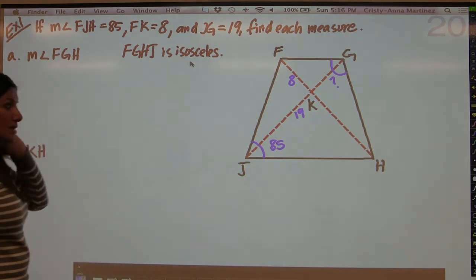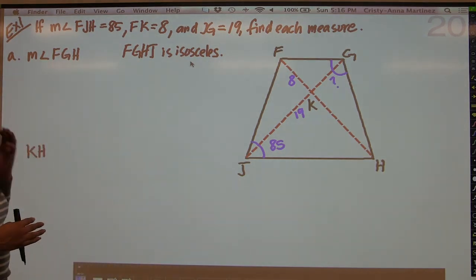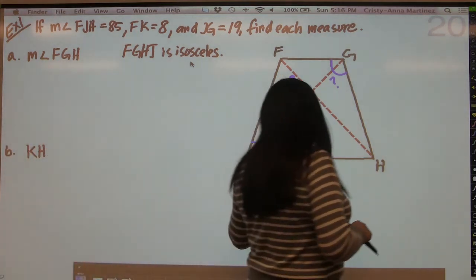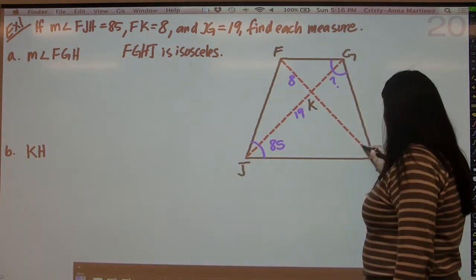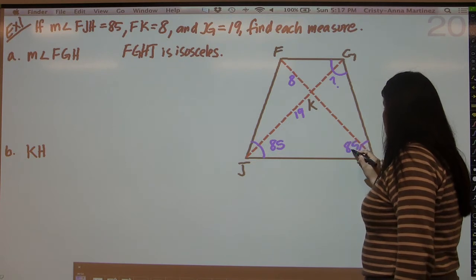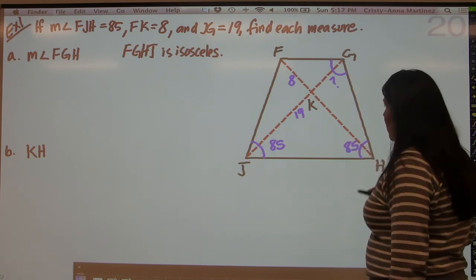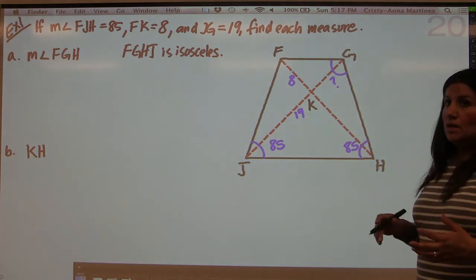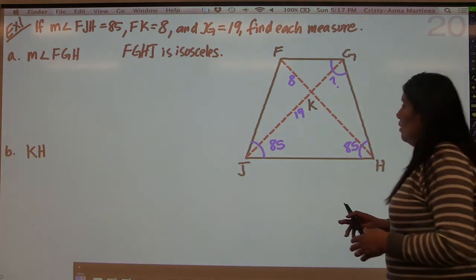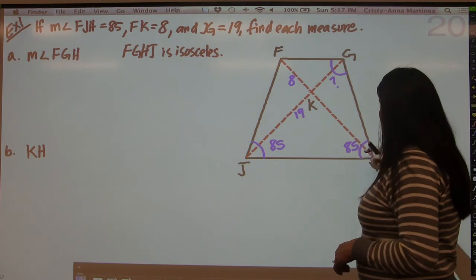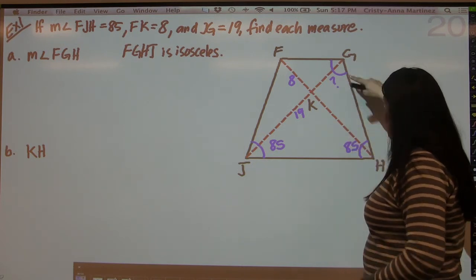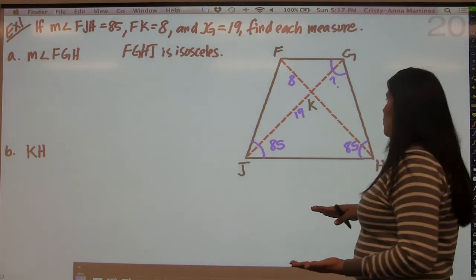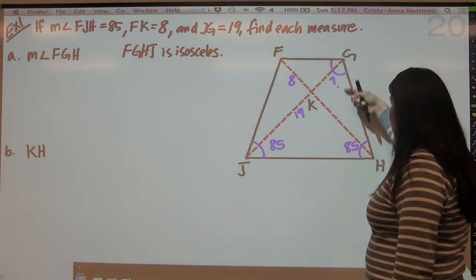Because it's isosceles, then we know that the diagonals should be congruent, and we know that the base angles should be congruent. So, if this angle is 85, then this angle over here is also 85. Now, the reason why I'm showing you that is because I already know from before that for any trapezoid, because they're parallel, these two angles are consecutive interior angles, and so they're supposed to add up to 180.